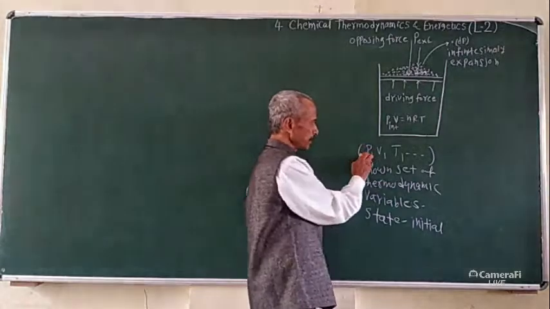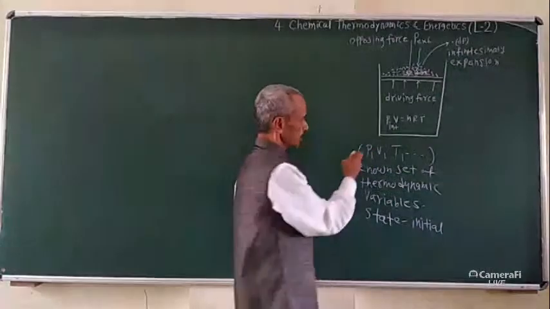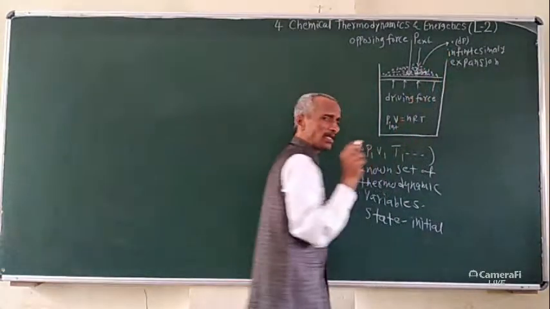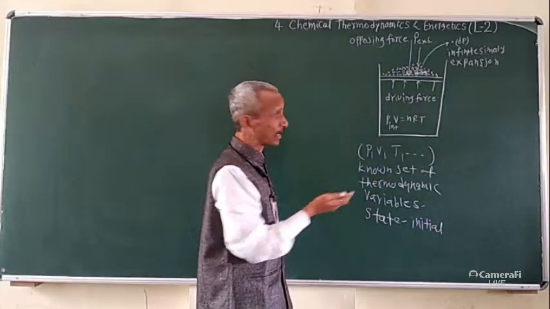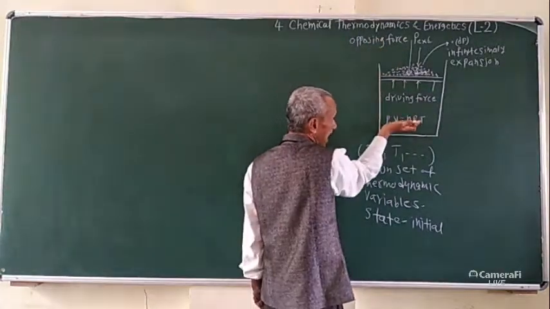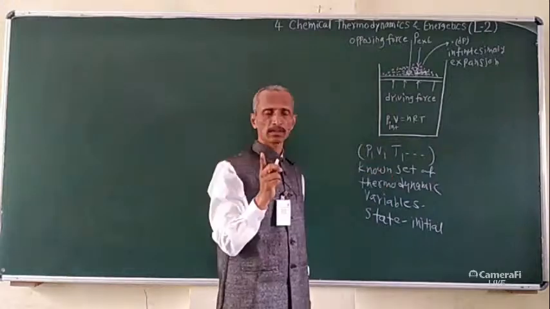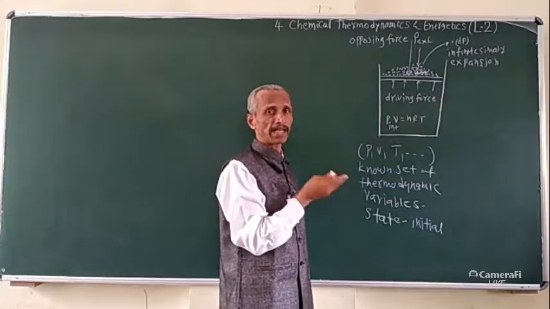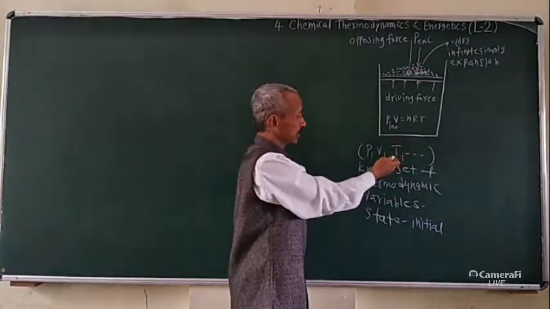Now, if one of the thermodynamic variables changes, suppose you change the pressure by a very small amount. If you decrease the pressure, the force becomes more than the opposing force, and the volume increases. So one of the thermodynamic variables changes, and a corresponding change can occur in the other variables.